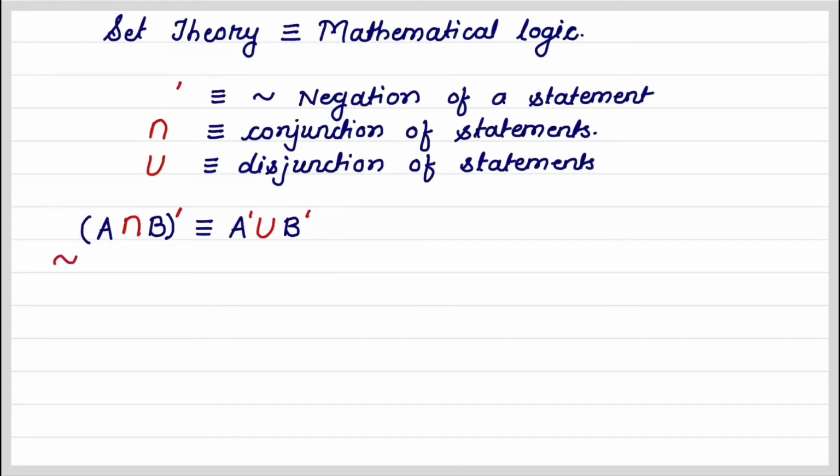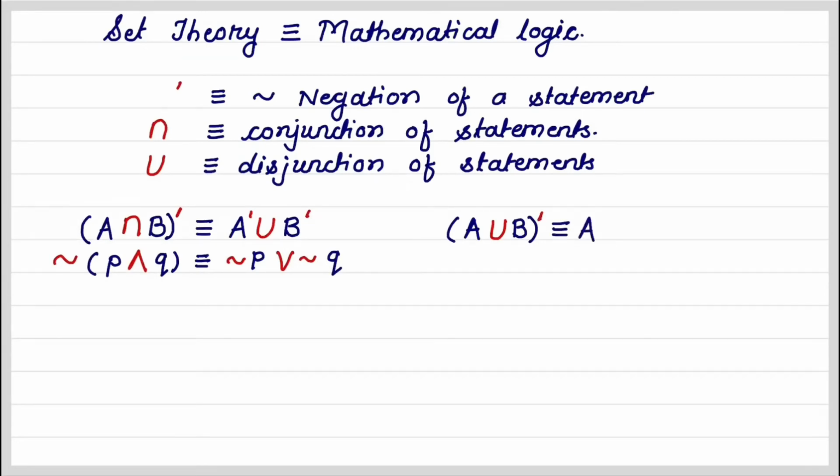See, negation of (P and Q) is equivalent to negation of P or negation of Q. Similarly, (A union B) complement is equivalent to A complement intersection B complement.